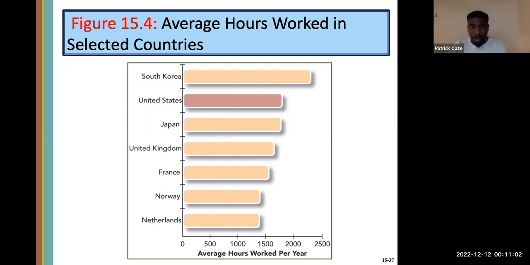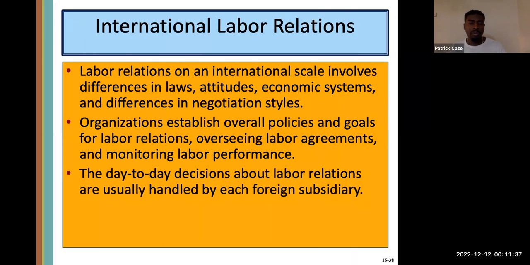The priorities are more about you, your health, and your wellness, and in many ways a little bit more collectivism also, right? And so the Netherlands, you know, almost 14 hundred hours per year as compared to South Korea with 2,500 hours per year. It's a pretty big difference, and we can compare the different lifestyles and maybe see why they don't work as many hours, right? Because of the way that their society views life.